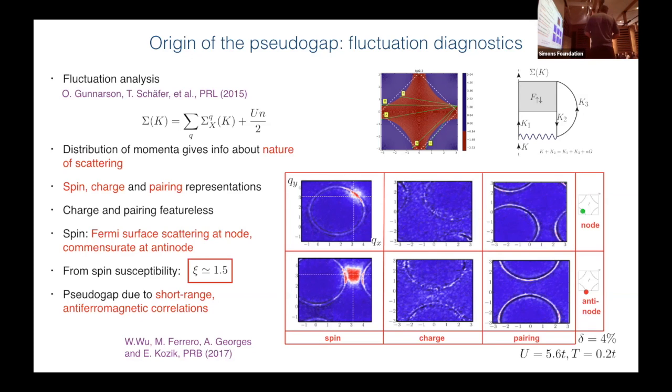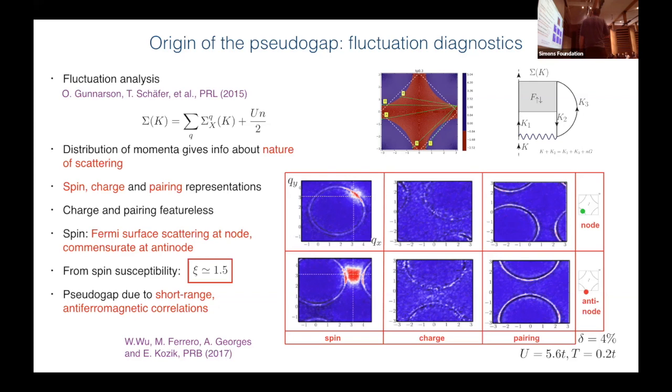So what we see is that in the charge and the pairing sectors, nothing really special is happening, both for the nodal or antinodal self-energy. There's really nothing going on there. So the mechanism behind the pseudogap has definitely nothing to do with charge or pair fluctuations. Now in the spin sector instead, there's a lot more action. And it's quite different between what happens for the nodal self-energy and for the antinodal self-energy.